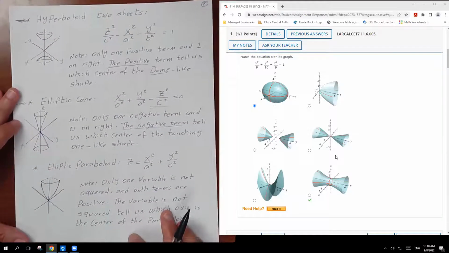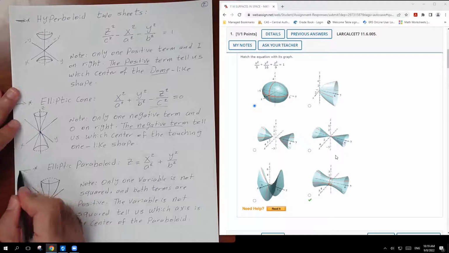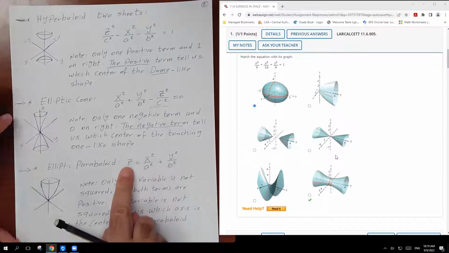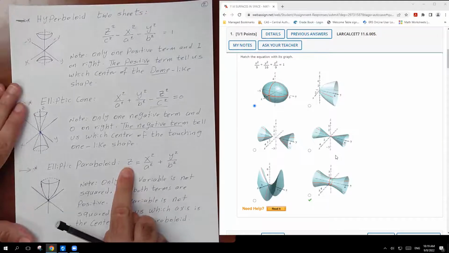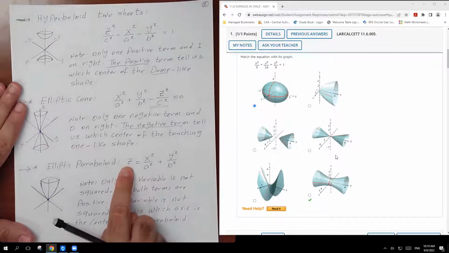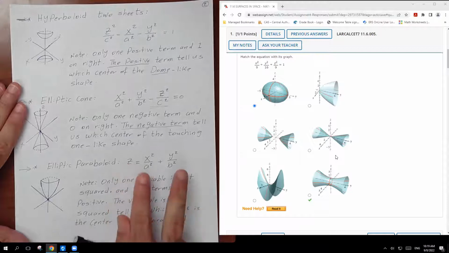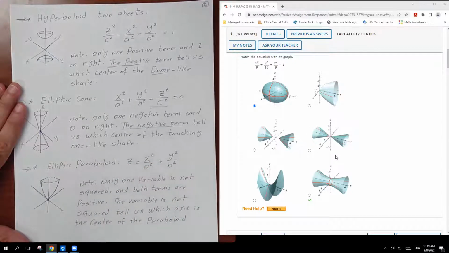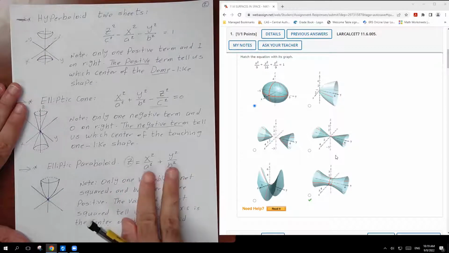Elliptic paraboloid. Here's the equations, 2 terms. Z is going to be on one side and it's not square. So that is not square, and x and y are going to be on the other side. You see, it's square. Now, how are we gonna know it's x, y, z? It depends about this term. Both these terms are square.